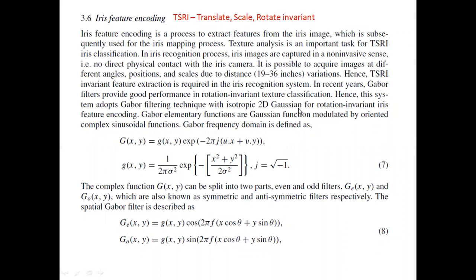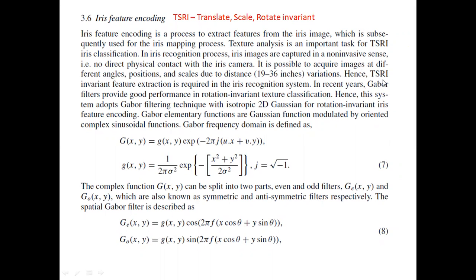Non-invasive means no direct physical contact with the iris scanner. It is possible to acquire the images at different angles, positions, and scales due to distance. What are the different distances? 19 inches to 36 inches is also possible in the variant.